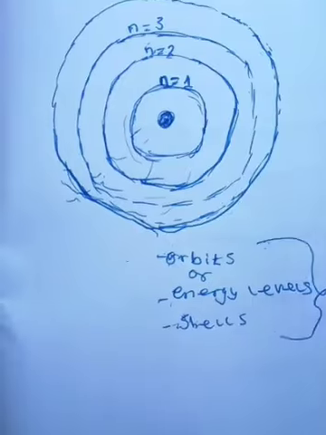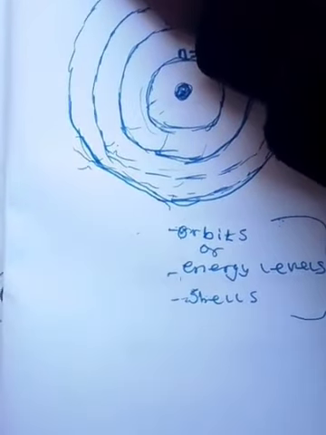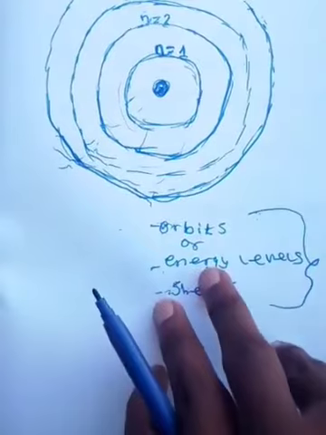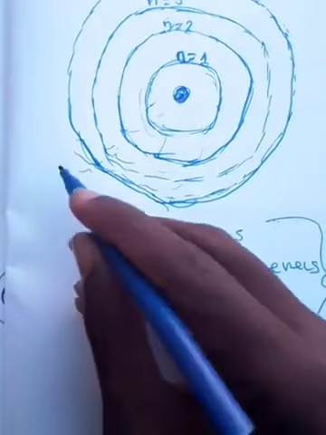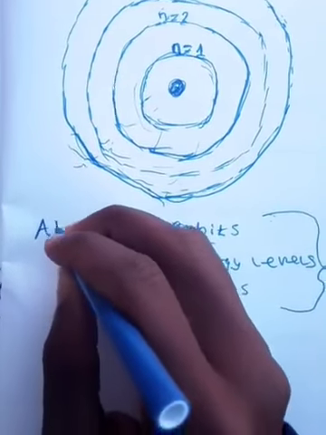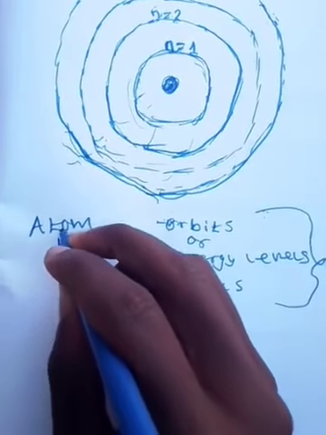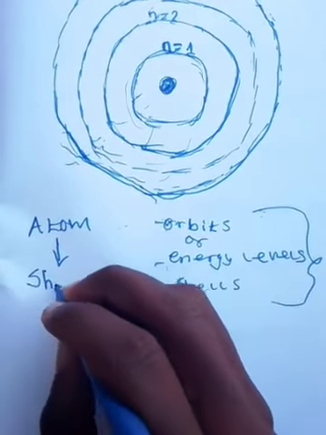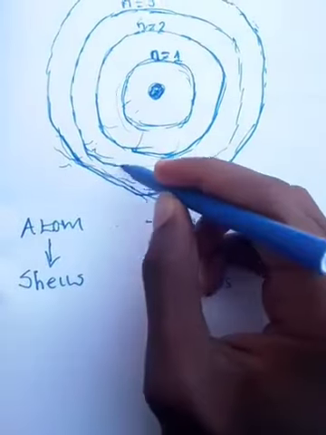If you remember the hierarchy that we were following when we were describing the location of Jacob, we are starting from the bigger picture to a smaller picture. Now, for the electrons, at first you have an atom, and then inside an atom, you have what you call shells, which are what we're seeing here, right?